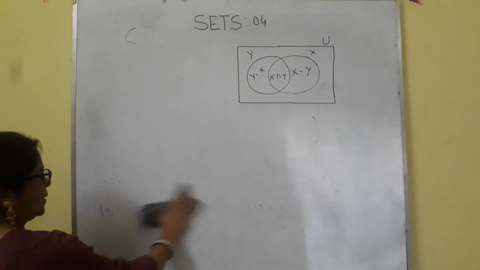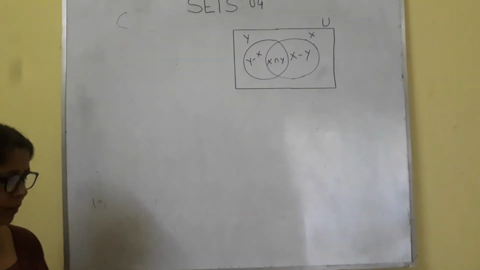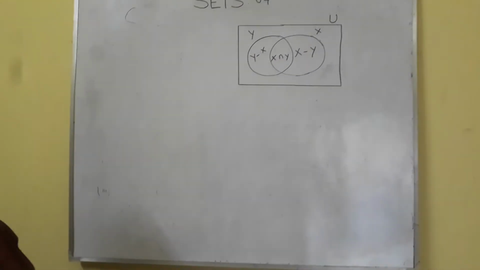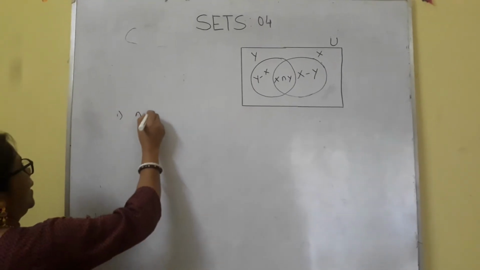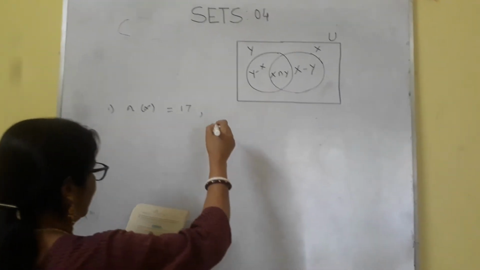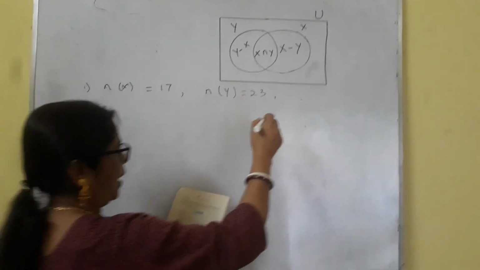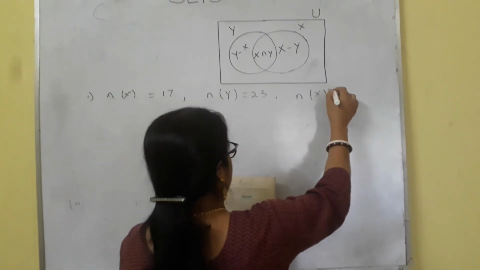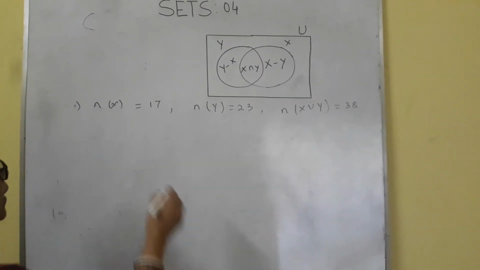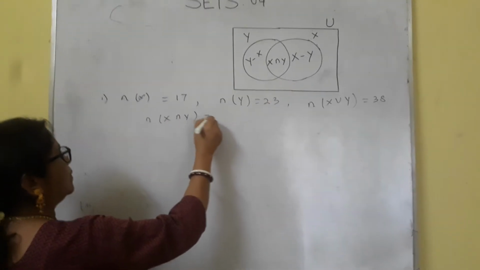Exercise 1.6, sum number 1. X and Y are two sets such that n(X) equals 17, n(Y) equals 23, and n(X union Y) equals 38. Now we have to find n(X intersection Y).